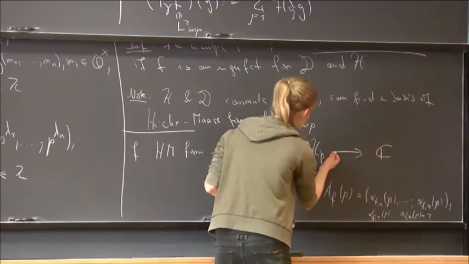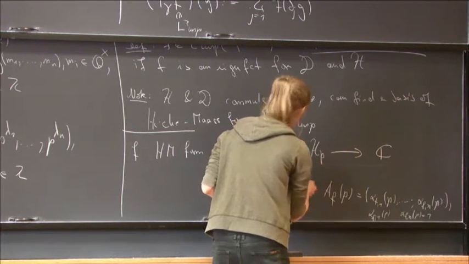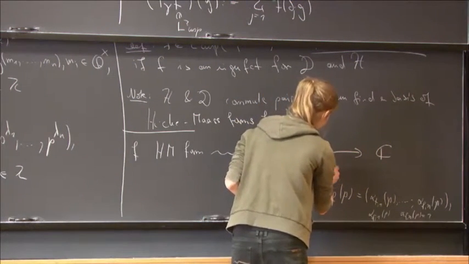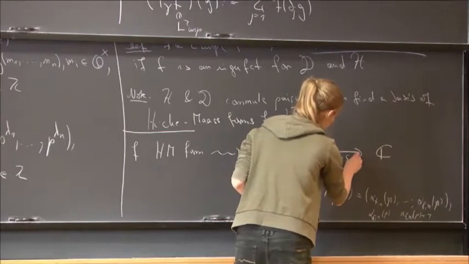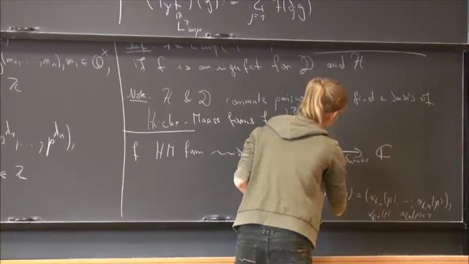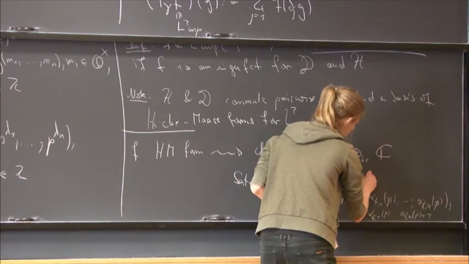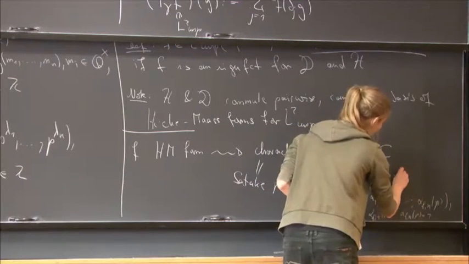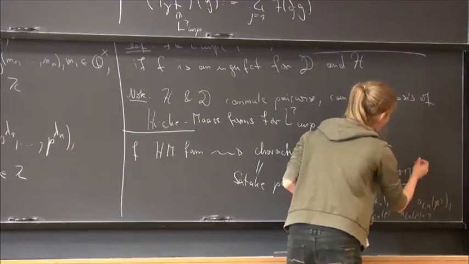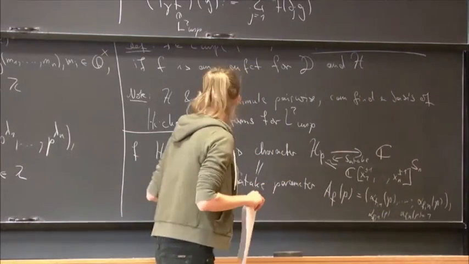And the evaluation at the Hecke algebra is given as follows. So by the Sarnak isomorphism, the Hecke algebra is actually just a ring of Laurent polynomials which are symmetric under the group S_n.